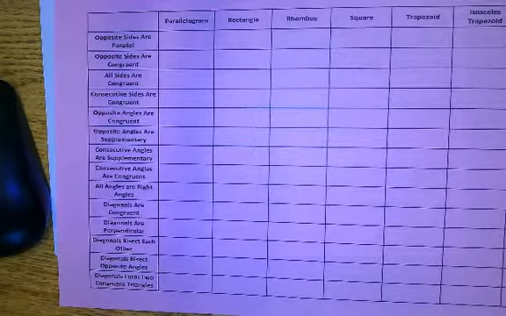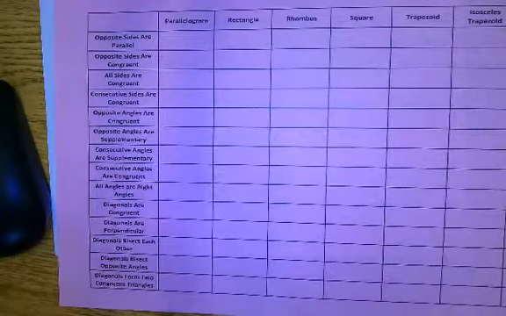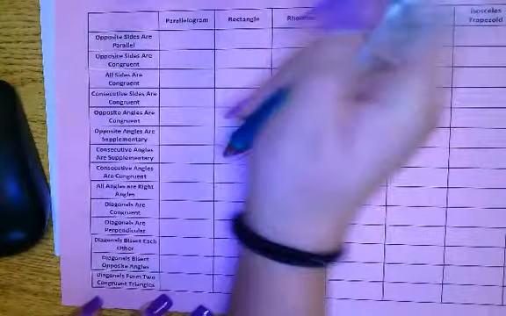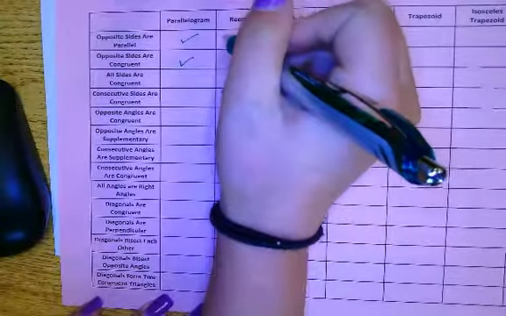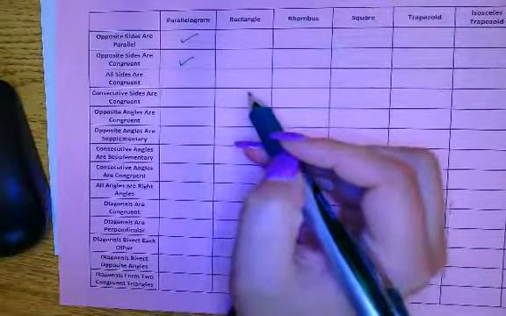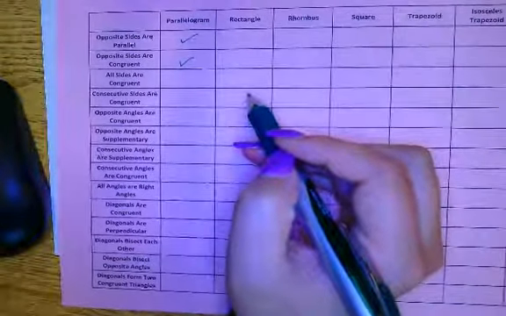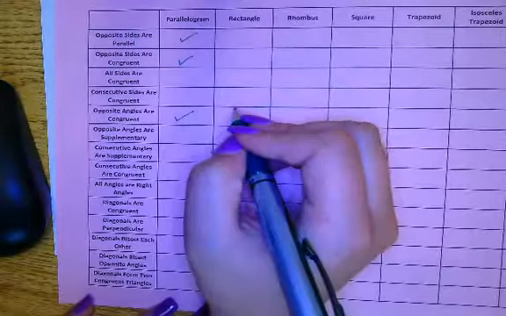Alright, are opposite sides parallel? Yes. Are opposite sides congruent? Yes. Are all sides congruent? No. Are consecutive sides congruent? No. Are opposite angles congruent? Yes. Are opposite angles supplementary? No. Are consecutive angles supplementary?